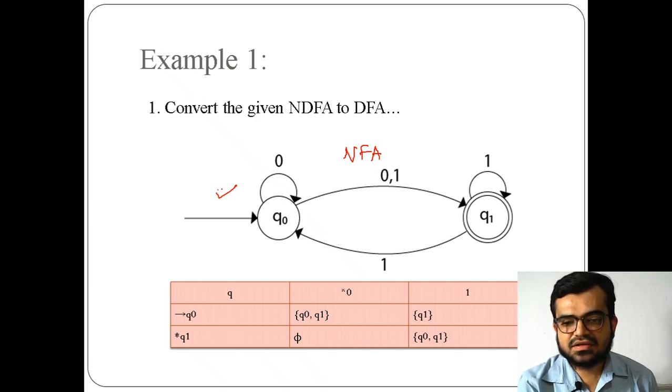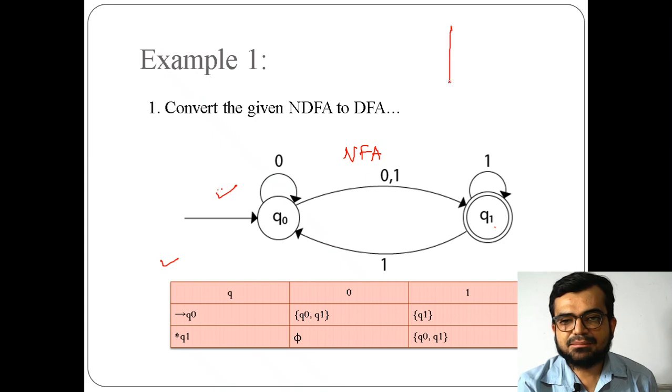If you can see this 0, it is pointing towards Q0 and also towards Q1. That's why it is NFA or NDFA. The first step is to draw the transition table, so we have drawn the transition table of the given NFA. Now using this, we need to draw the transition table for the DFA.